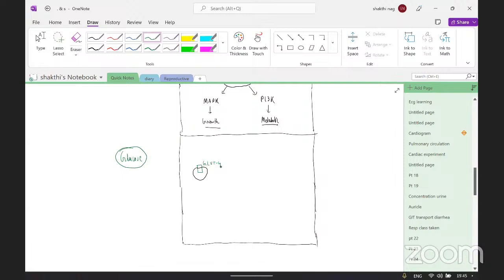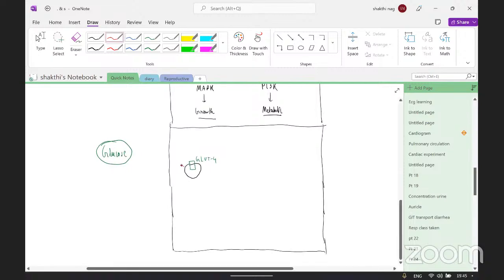But here, by the activity of your insulin, now what is going to happen? It will be stimulated. It'll go into the membrane. Okay. And a lot of your GLUT4 will now be put into the membrane. As a result of which, now glucose comes inside.